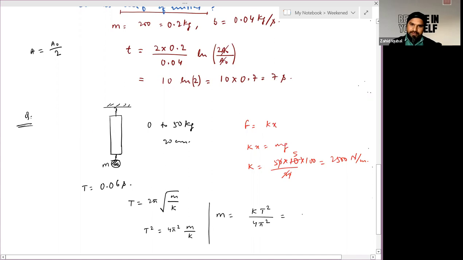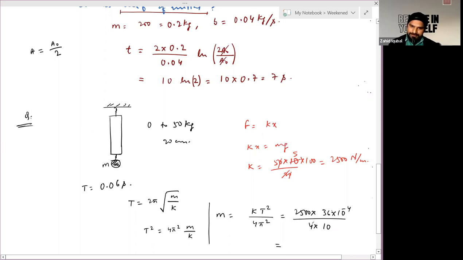K we have 2500. Time period is 0.06. So it will be 36 into 10 to the power minus 4 divided by 4 pi squared. You may write pi squared as 10. Now just simplify it, you'll get your answer.